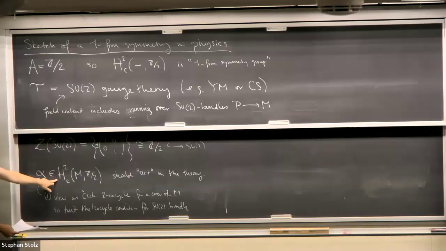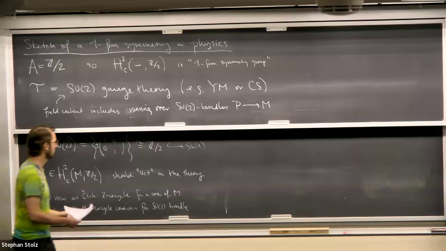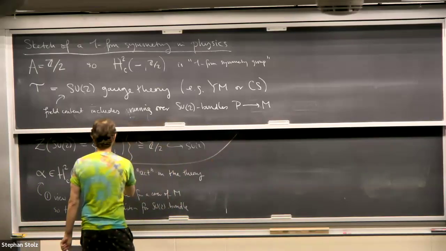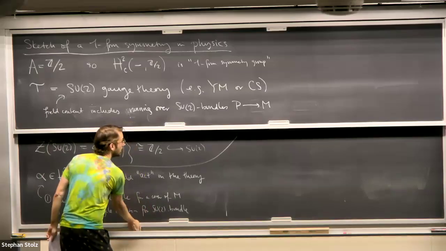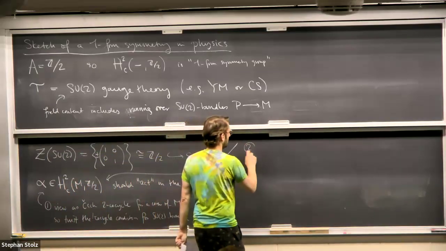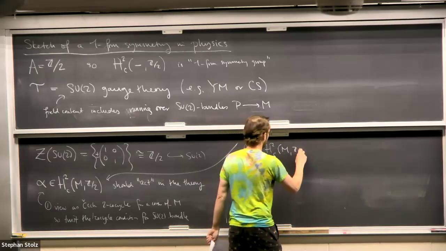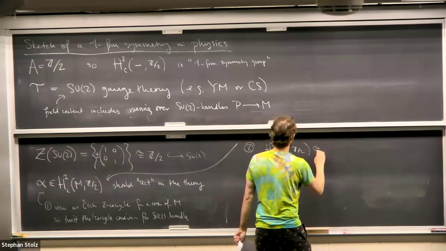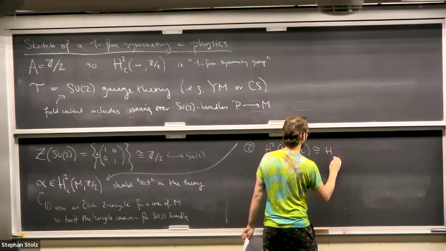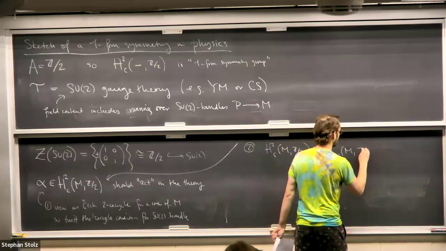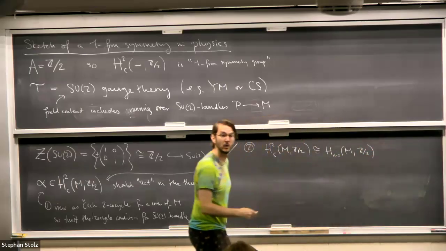Now, there's another way of thinking about this. Viewpoint 2. H2 of C is the same thing as H n minus 2, with coefficients in Z mod 2.